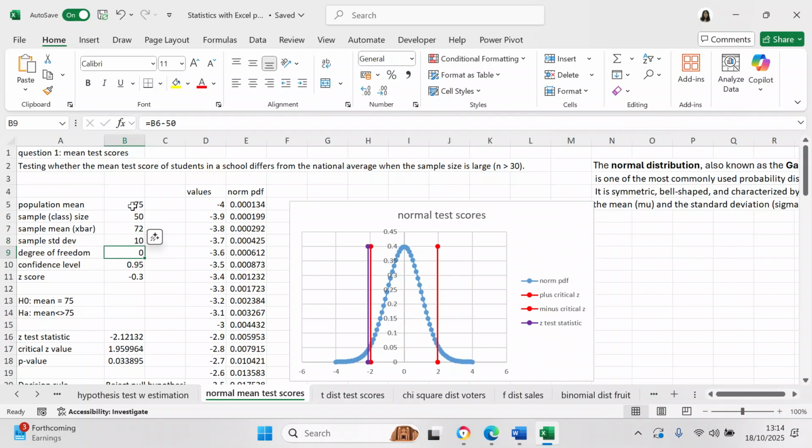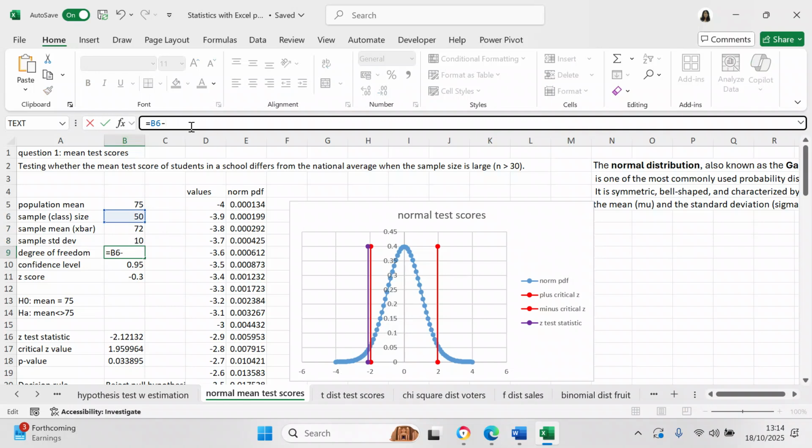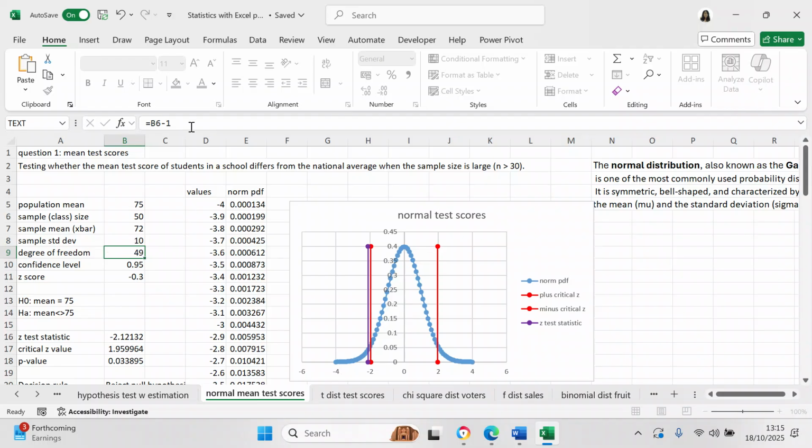The degree of freedom is 0 because it's B6. See, sample size, I don't know why we said B6 minus 50. It's B6 minus 1. The degree of freedom is 49. Confidence level is 95.